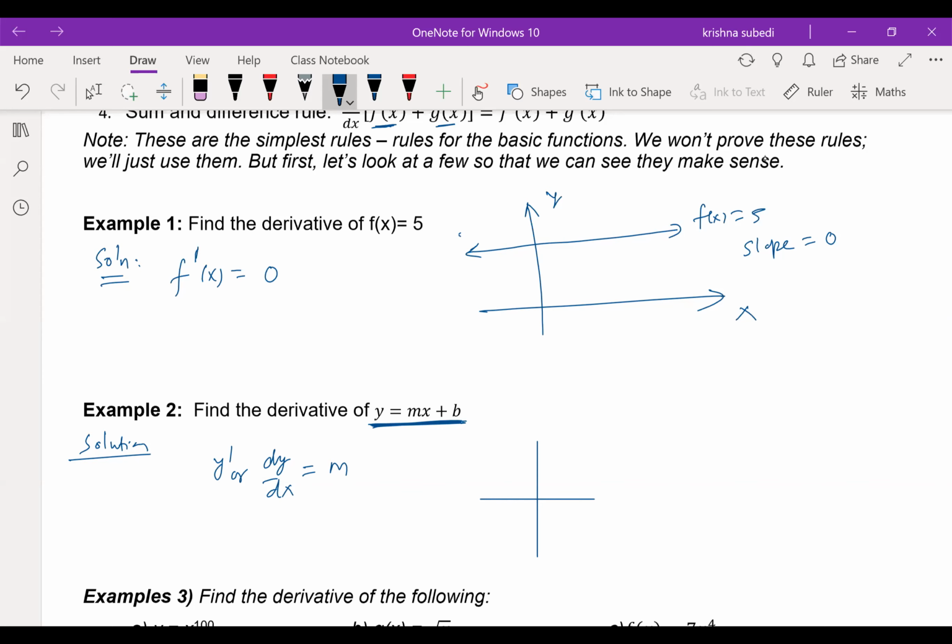Now let us use our formula. Does that make sense? Using the formula, dy over dx is d over dx of mx plus b.